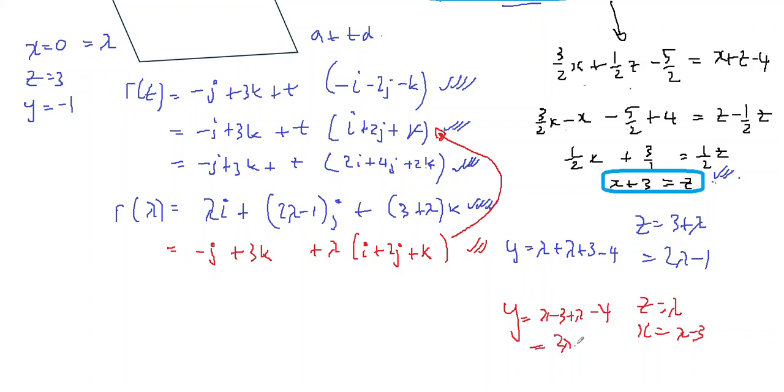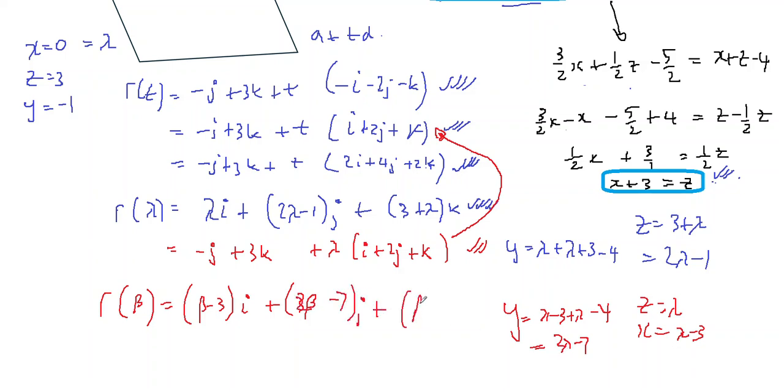Which would be 2 lambda minus 7. So I would also accept, let's use beta instead of lambda. So x is beta minus 3 in the i plus 2 beta minus 7 in the j plus beta in the k would also be an acceptable answer if we made our parameter equal to z, then rearranged what the others would be.